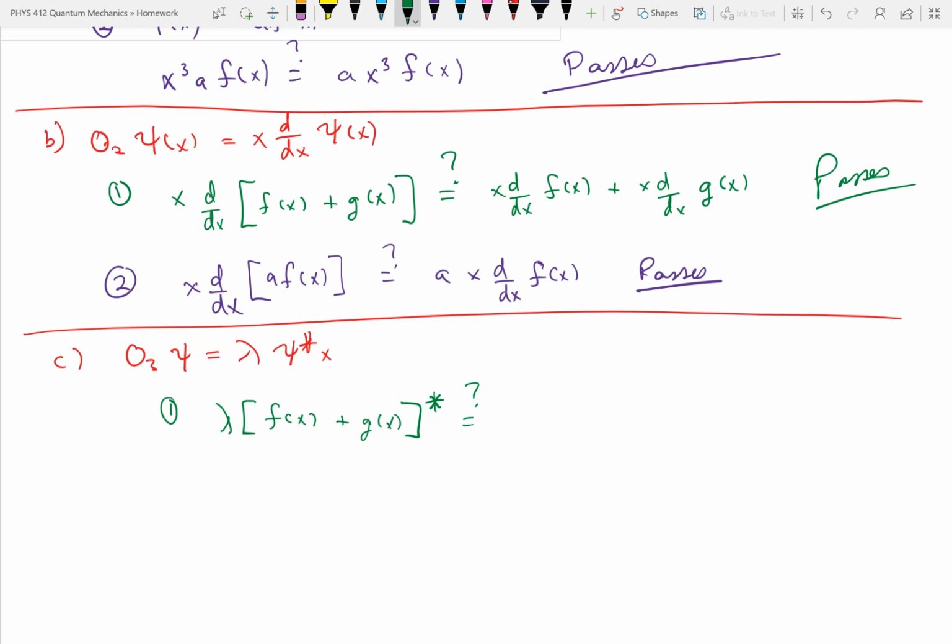On the other side, we'll have lambda times your f of x star plus your lambda g of x. Okay, is that pass or fail?